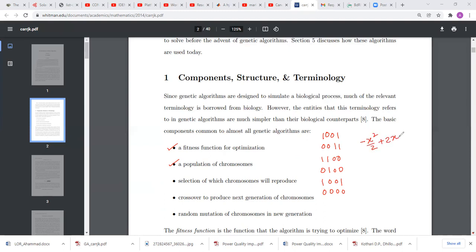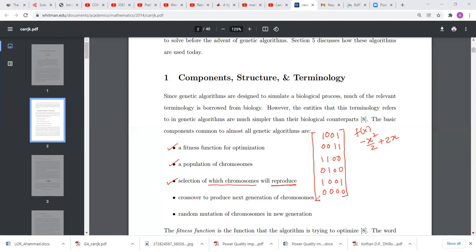How would you select which of these chromosomes will reproduce? This is my first generation of solutions, or initial set of solutions, of course in the encoded form.